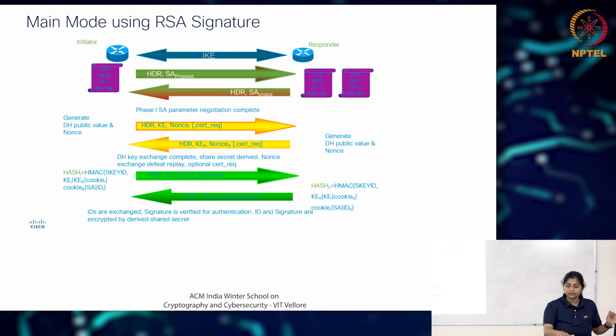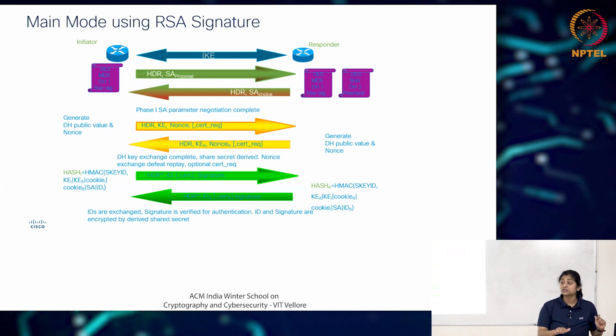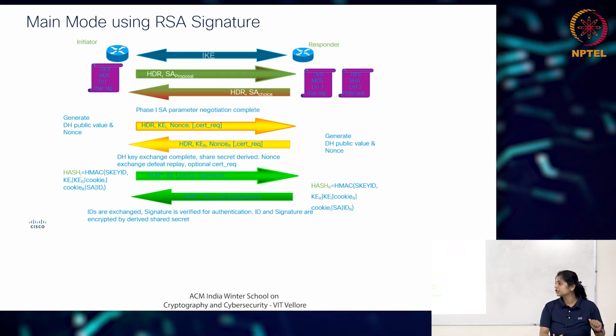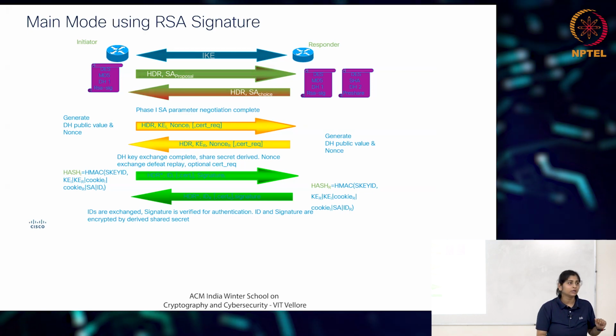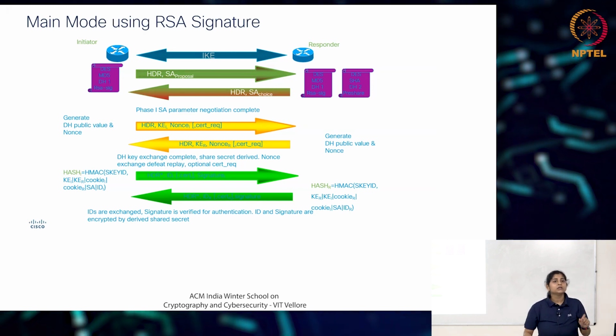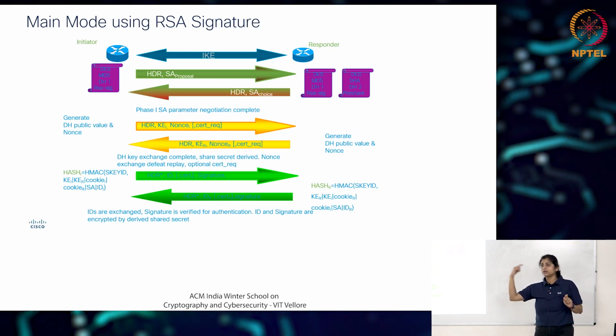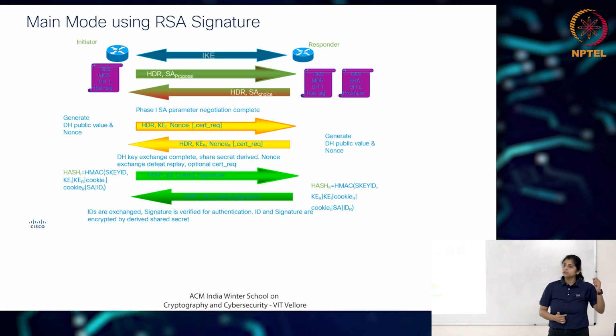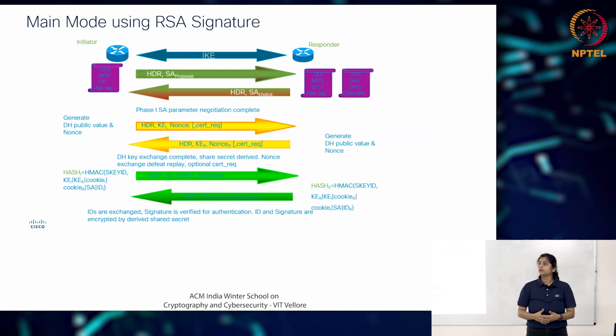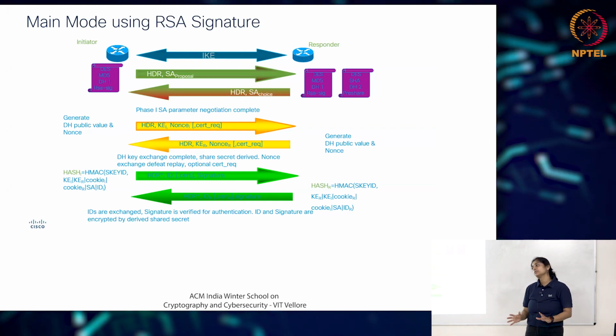If you see at the third and fourth packet, there is an additional certificate request packet added. On that certificate request, the responder will send their certificate, the initiator sends their certificate, and the identity establishment happens there.